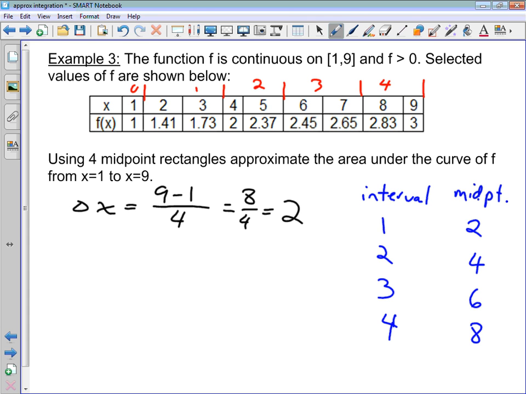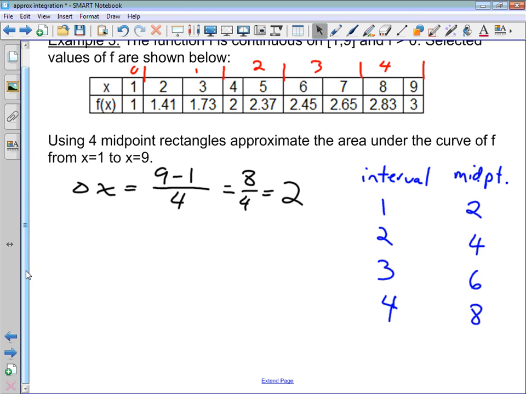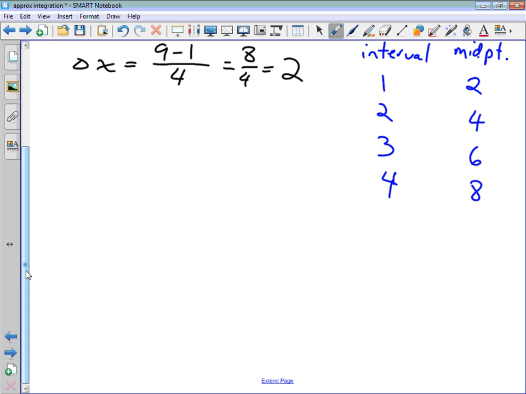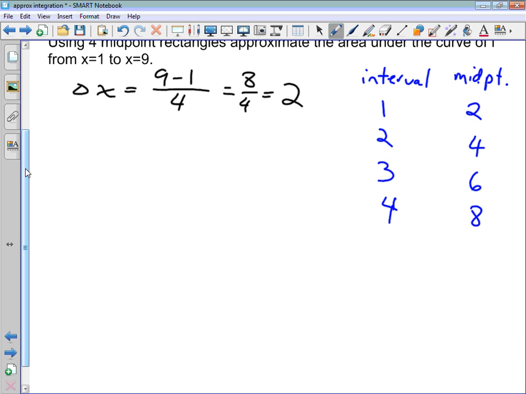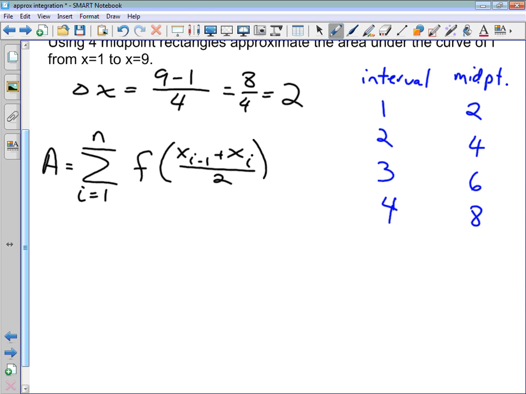So our area, remember the area formula for midpoints is that our area approximation is the sum from 1 to n, or in this case, n, of our function evaluated at our midpoint times delta x.